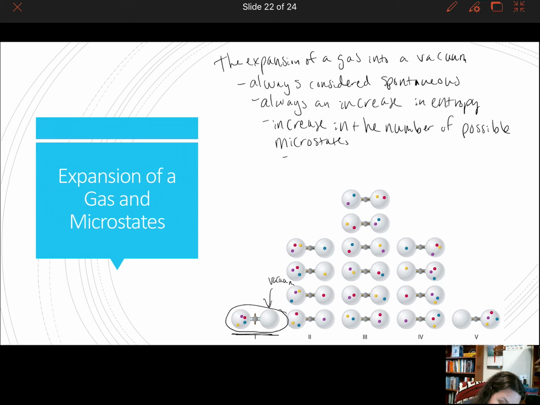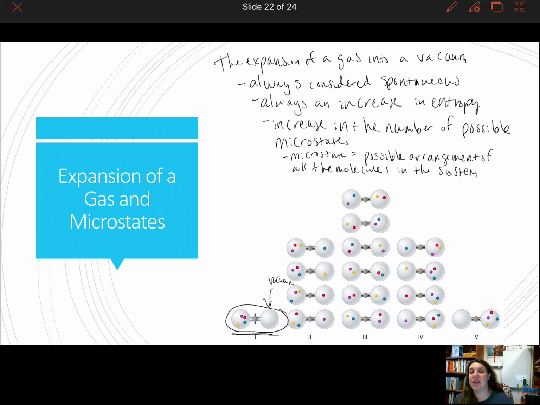A microstate talks about a possible arrangement. And since we've increased the volume which they can occupy, we have increased our possible microstates.